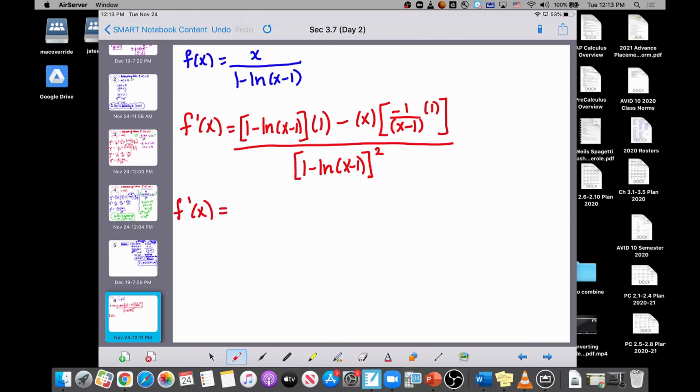So 1 times that bracket of 1 minus natural log of x minus 1, that's going to be 1 minus natural log of x minus 1. And then over here, I've got the negative x times the negative 1, so that's going to make plus x over x minus 1. But then this is all over that 1 minus natural log of x minus 1 quantity being squared.